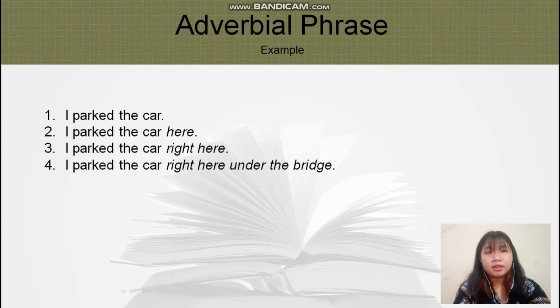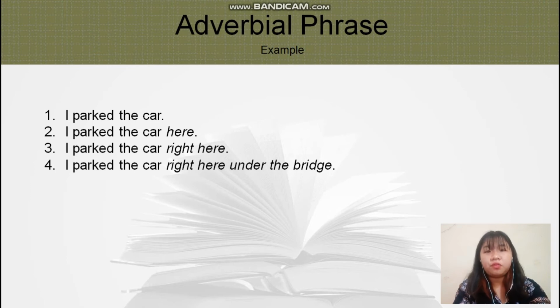The third sentence contains the adverb phrase right here, which emphasizes where the car was parked and employs a phrase instead of a single word.